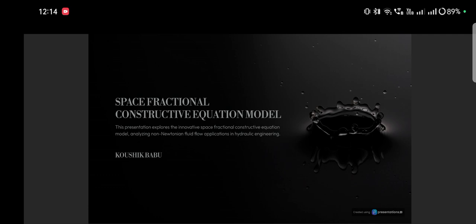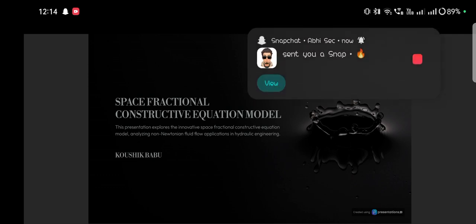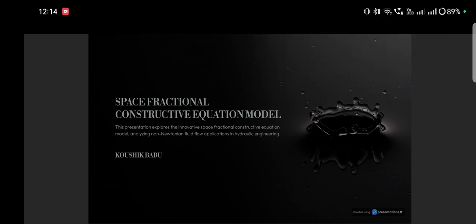Non-Newtonian fluids exhibit complex flow behaviors that cannot be adequately described by the simple linear relationship between shear stress and shear rate, as is the case for Newtonian fluids.